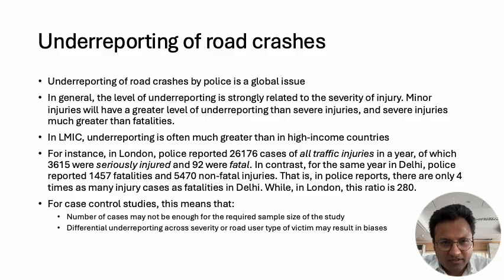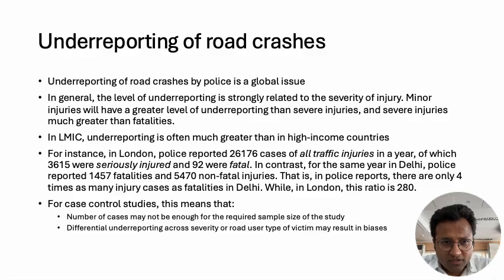This is the data reported by London in England and Delhi in India. In London in 2023, both the cities I'm talking about are for 2023, London reported about 26,000 injury crashes. Some level of injury had happened in all of these crashes, minor or severe.